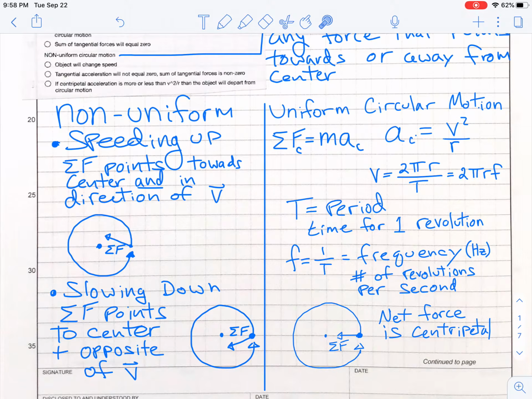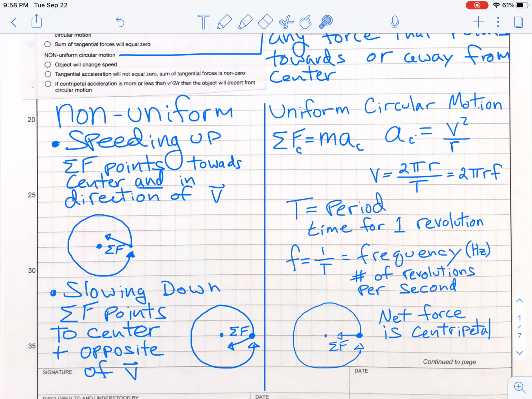The velocity that we have is 2 pi r, which is the circumference of the circle, divided by T, which we call the period, usually a capital T, which is the amount of time that it takes you to go around once.